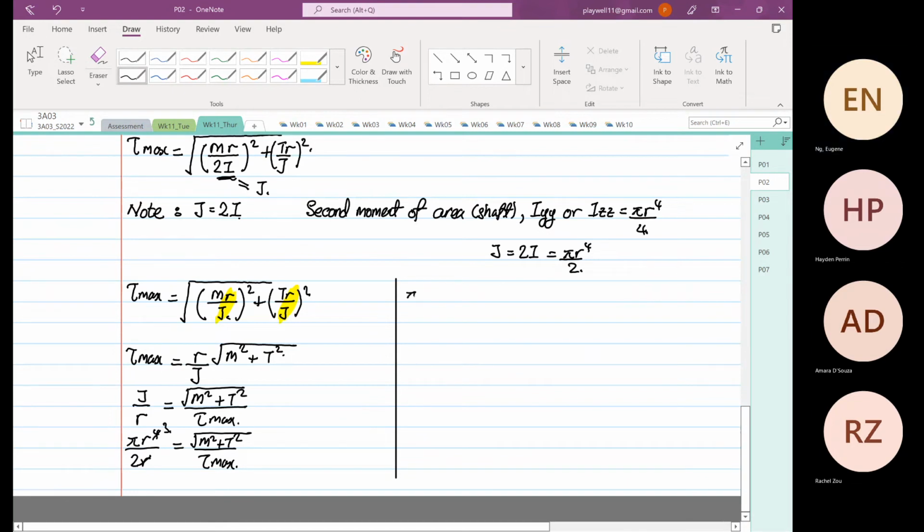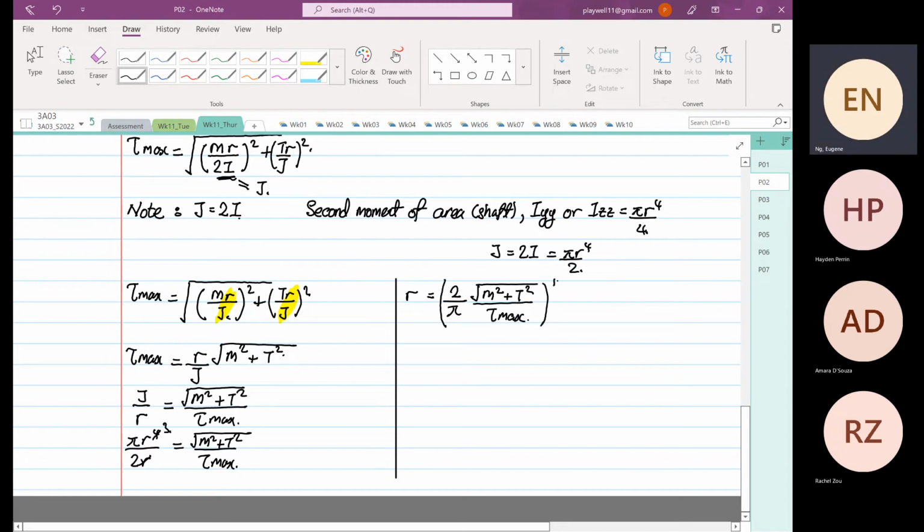So pi over 2 R cubed is equal to the square root of M squared plus torque squared divided by maximum stress, right? So R is equal to 2 over pi, right, square root of M squared plus torque squared divided by maximum stress, and this is powered by 1/3. Okay.